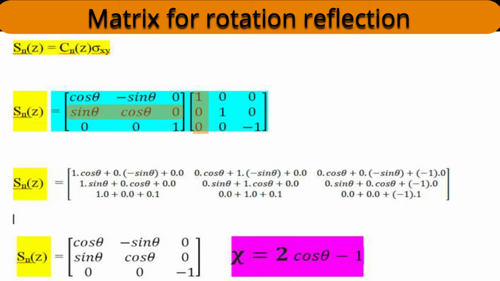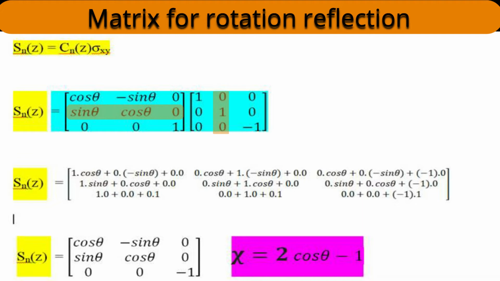What is the second row of the first matrix? Sin theta, cos theta, 0. I'll multiply with the various columns. So second row and first column of the second matrix: 1 into sin theta, 0 into cos theta plus 0 into 0. Now second row and second column of the second matrix: 0 into sin theta plus 1 into cos theta plus 0 into 0.